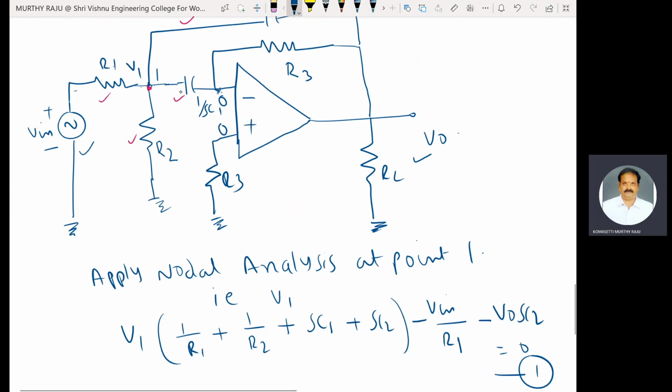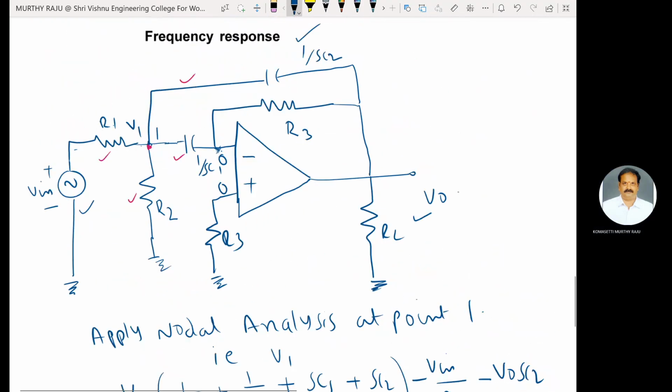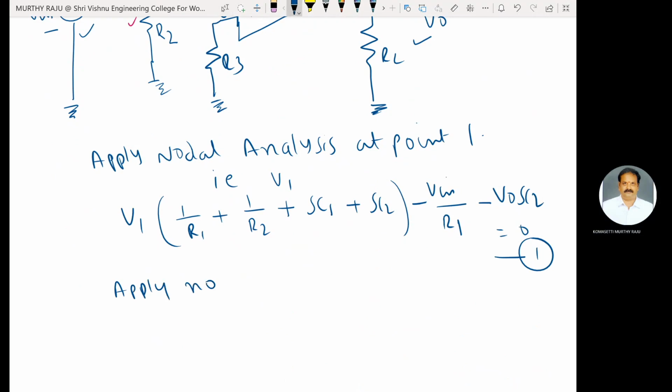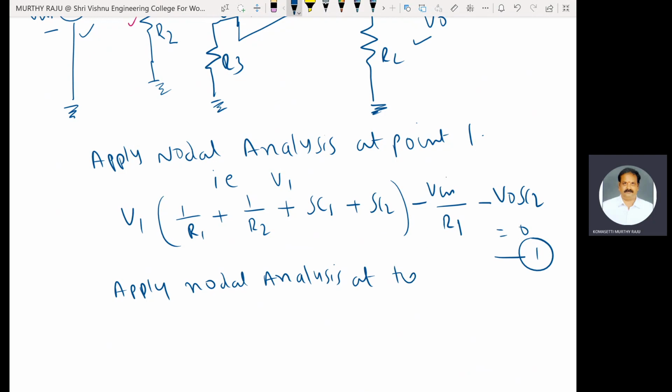Apply nodal analysis at this point 0, the inverting terminal of the op-amp.